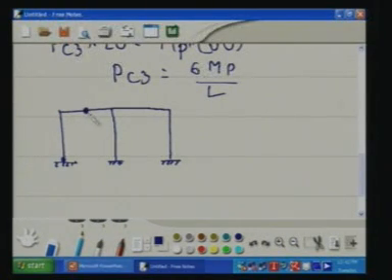A hinge is formed here, again hinge is formed here, hinge is formed here. So, this will become a combined mechanism, and for this combined mechanism, again this has to be taken in the beam and column both, because otherwise it will not undergo any rotation.